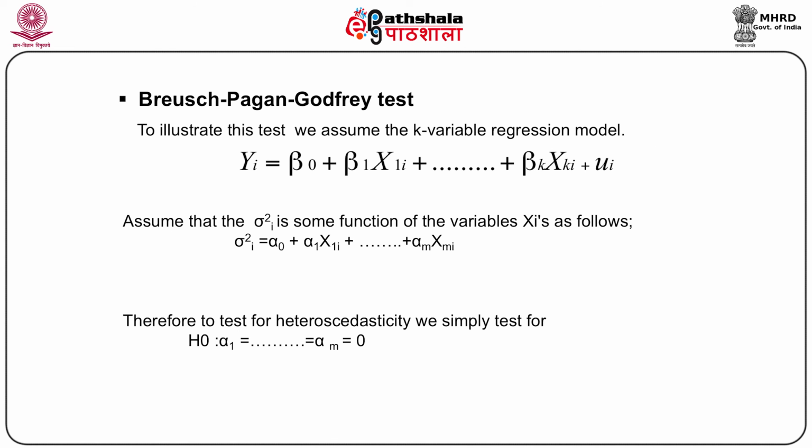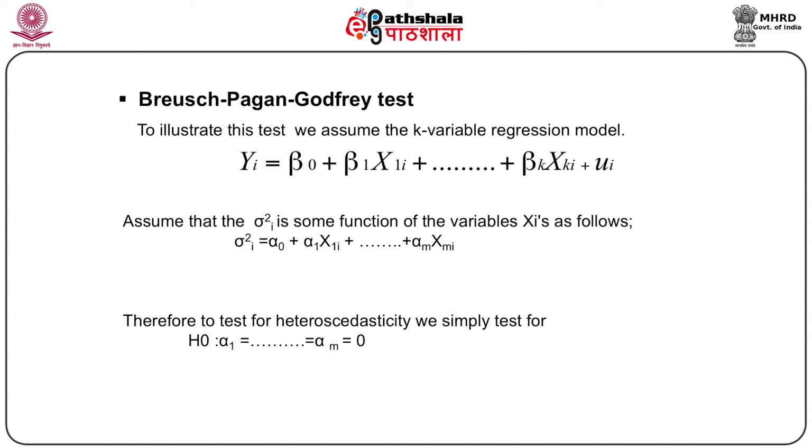To illustrate this test, assume a k-variable regression model, where the model is written as yi equals beta naught plus beta 1 x1i plus ... plus beta k xki plus ui, where ui is the error term and x1i, x2i, ..., xki are the k explanatory variables.